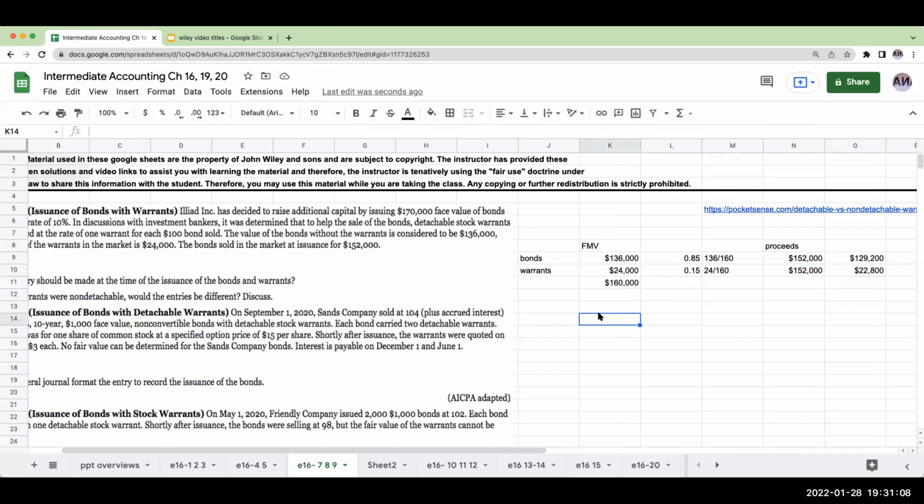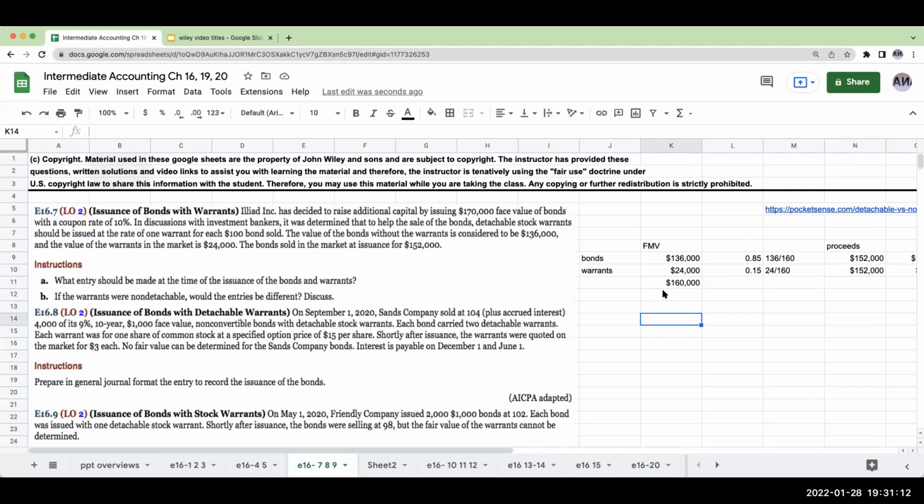So whenever I record a bond, let's go ahead and do this. What date do we do this? No date is indicated, so we would just have a date. I'm receiving total cash of 152,000.